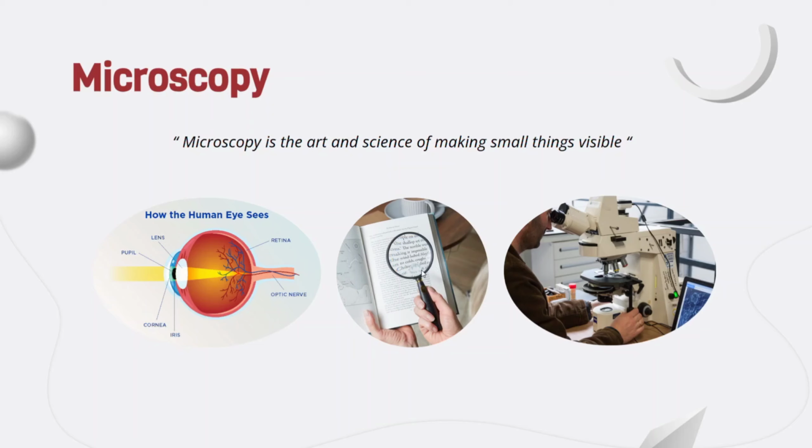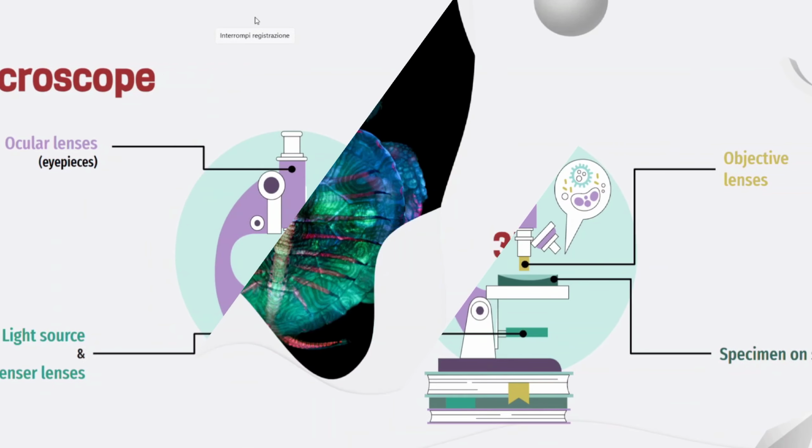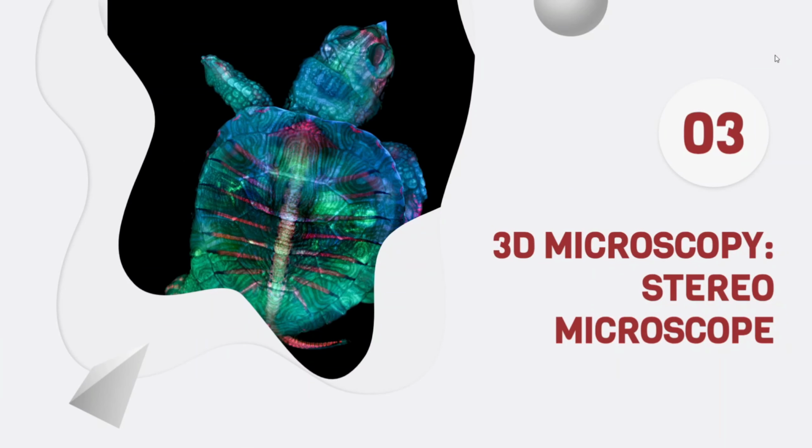The microscope can be binocular or trinocular due to them. Total magnification is calculated by multiplying the ocular and objective magnifications. A first 3D microscopy technique is the stereo microscope.